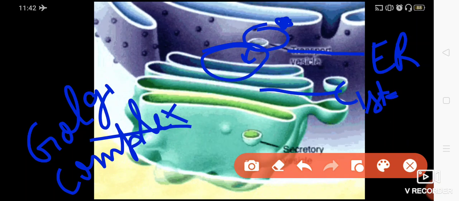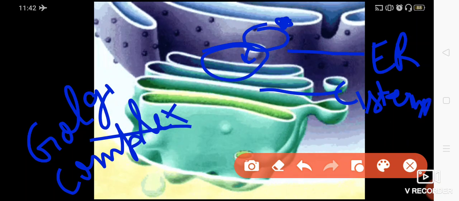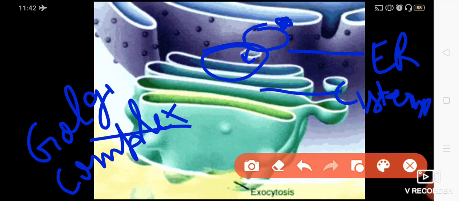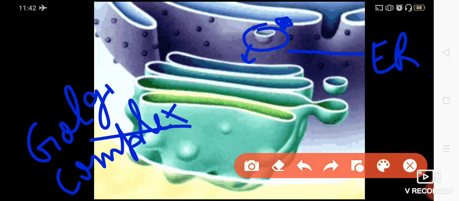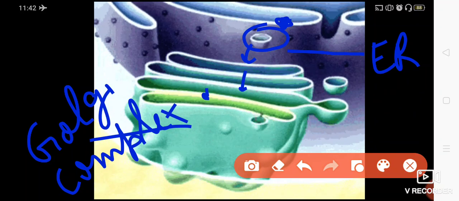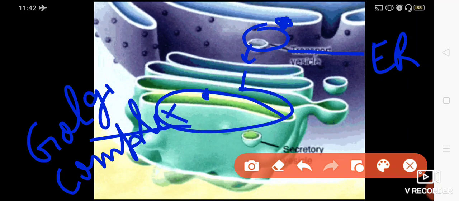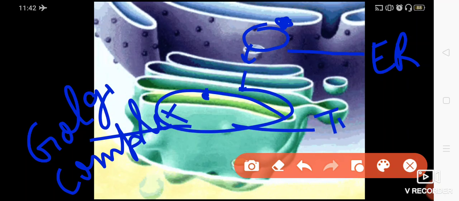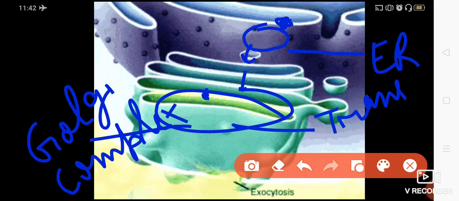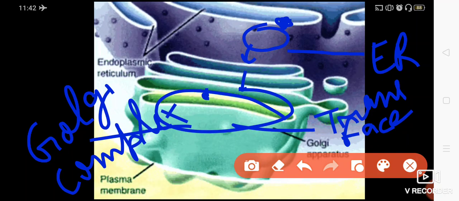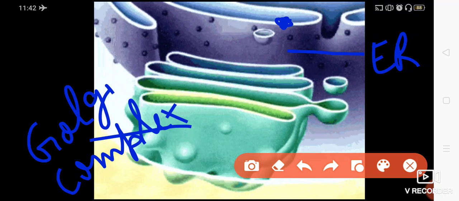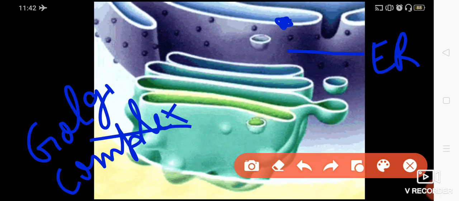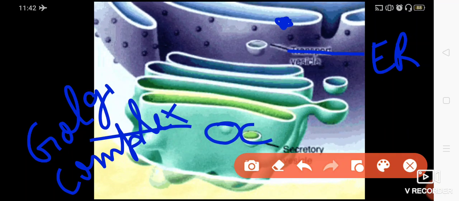The cisternae will now form more vesicles, and these will move from this to this and this to this, then finally reach the trans phase. This is the trans phase. Now from here the materials which are packed will again form new vesicles.